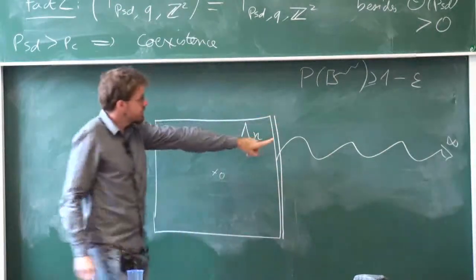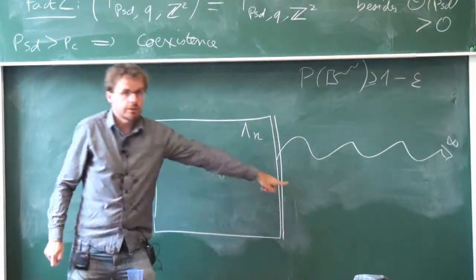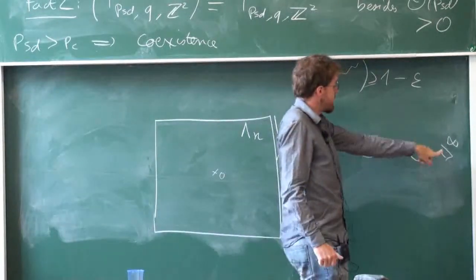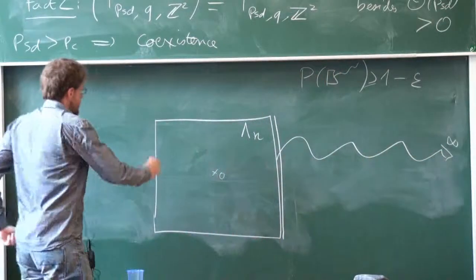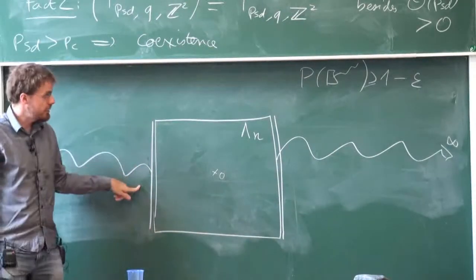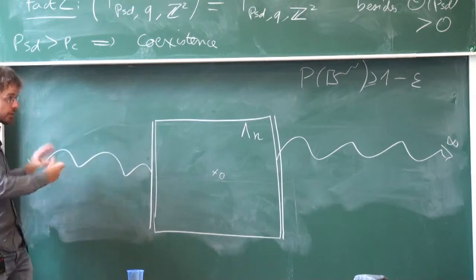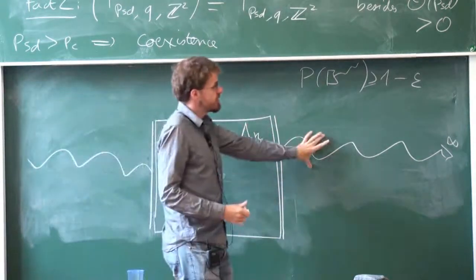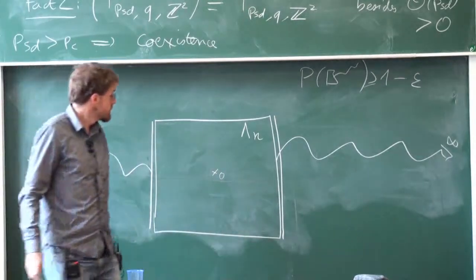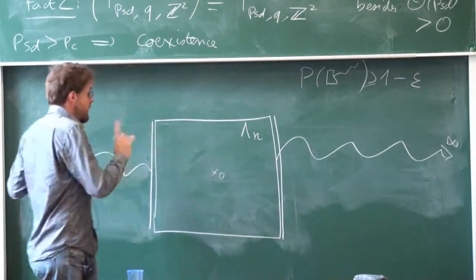So if you are connected to infinity, this side is connected to infinity. So you know that this occurs with high probability. Now, this occurs with high probability as well because it's the same event. And the two occur at the same time with high probability by the FKG inequality. So this is an event of large probability.